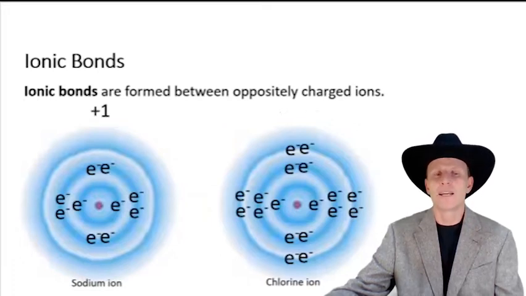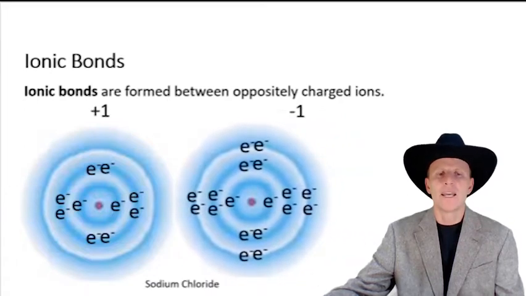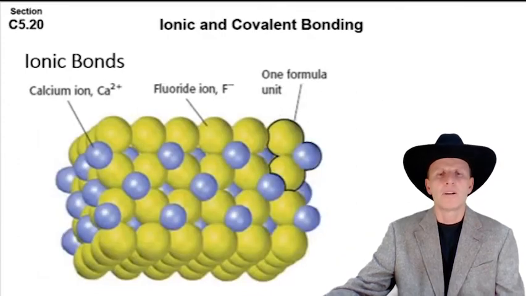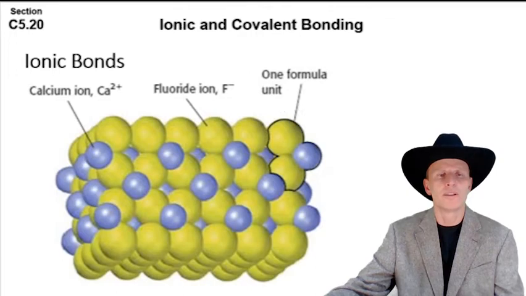The chlorine atom actually gained an extra negative, and it will become negatively charged. So now opposites attract, and that creates sodium chloride, which is a compound. Ionic compounds are in the form of networks of formula units, not molecules. When melted or dissolved in water, ionic compounds do conduct electricity. You can see in the diagram 1 formula unit.